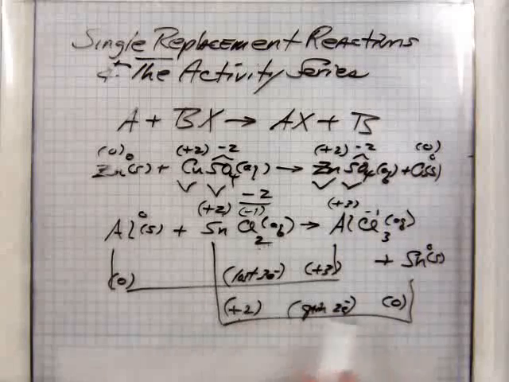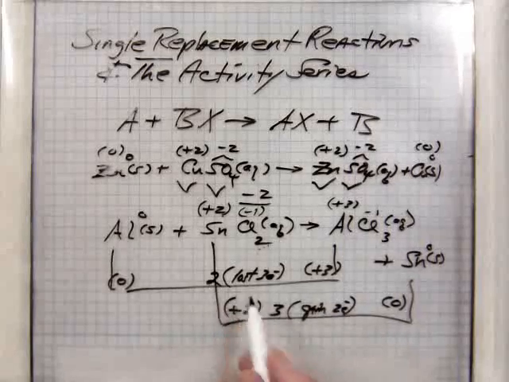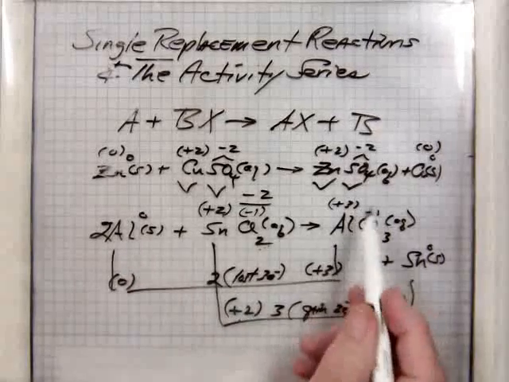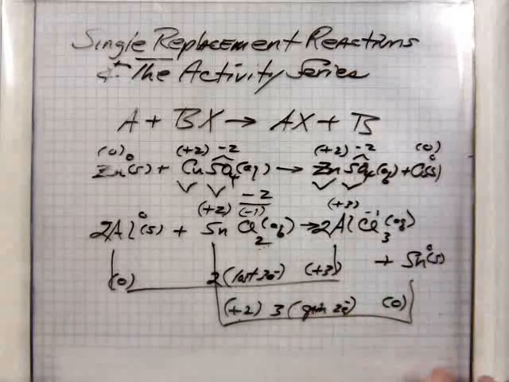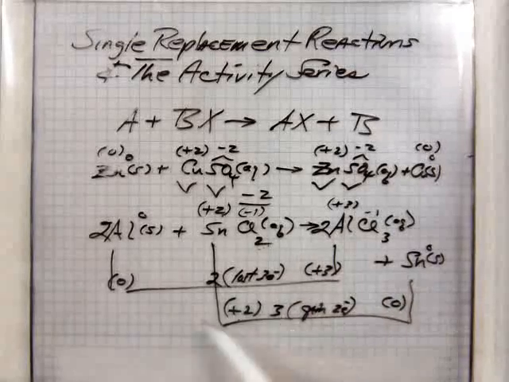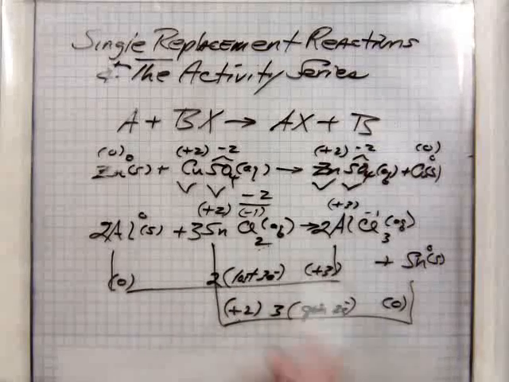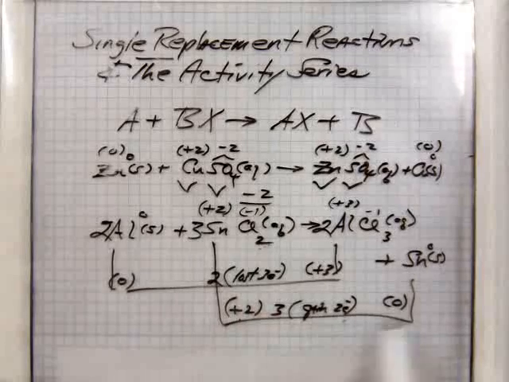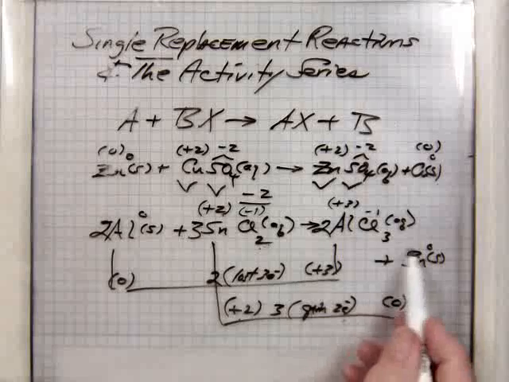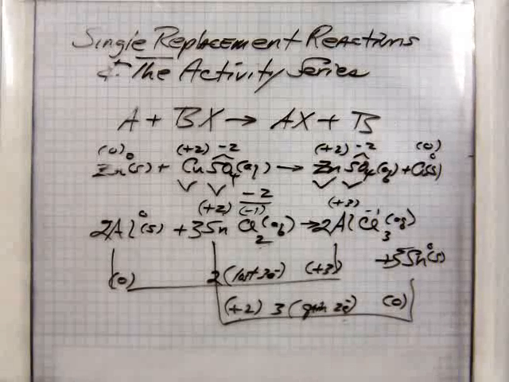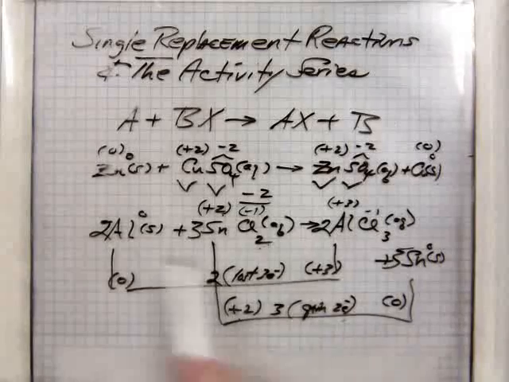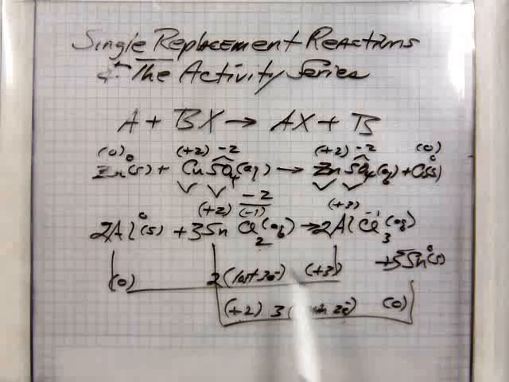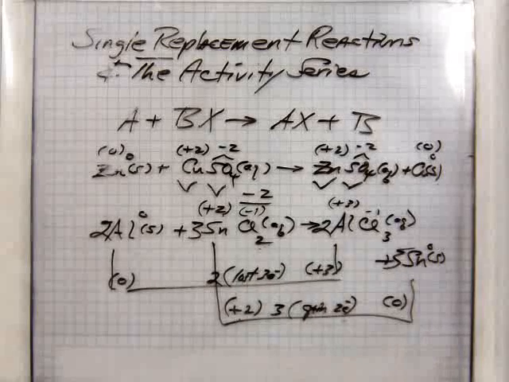To balance the charge, I need a 3 here and a 2 here, so I would come in with 2 aluminums, each losing 3 electrons, leaving me with 2 aluminums over here. And then I have 3 tin ions, Sn2+, each gaining 2 electrons, and on this side I would also have 3 over here, so you get this mass balance. You don't have any oxygens or hydrogens in here, so 2 times 3 is 6, 2 times 3 is 6, so everything's balanced.